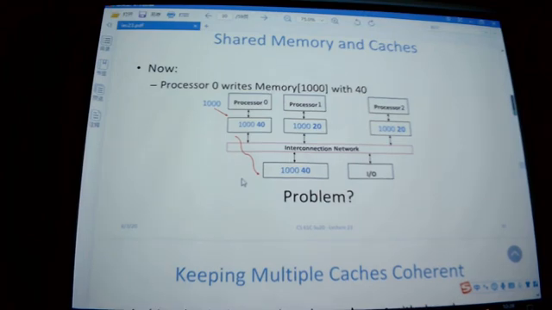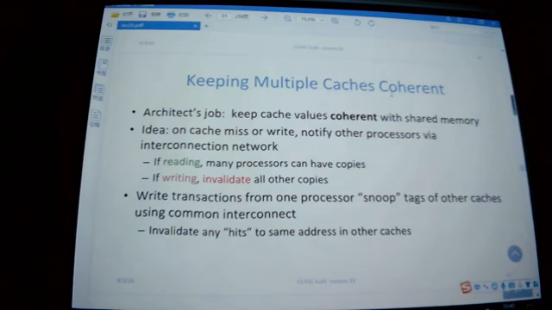So if the number in cache and memory is different, the general solution is to replace the memory number with the cache number. Okay, keeping multiple caches coherent is very important. The architect's job is to keep cache values coherent with shared memory.